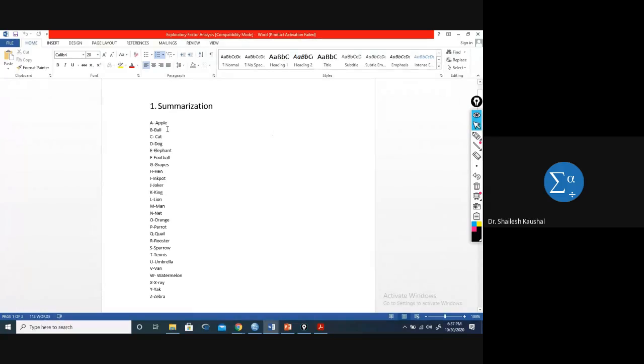I have written here A, B, C, D. A for apple, B for ball, C for cat, D for dog, E for elephant, football, grapes, hen, ink pot, joker, king, lion, man. These are the A, B, C, D.